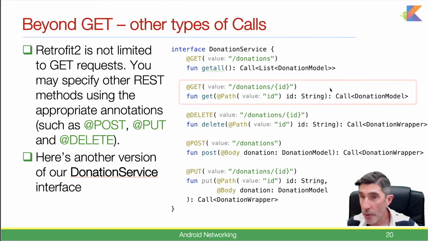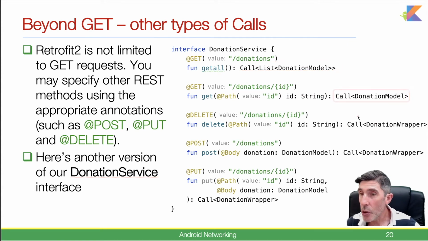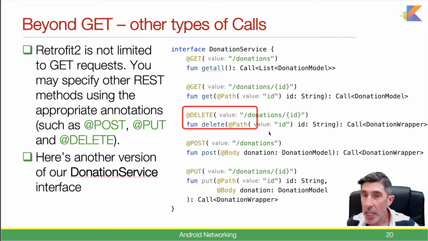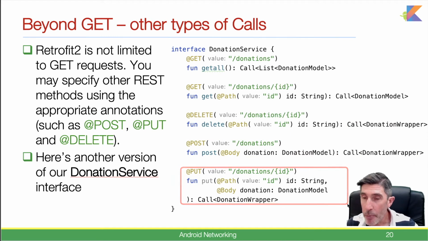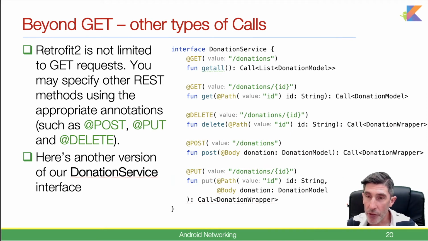So again, note, this is a call of a list of donation, and this is an individual donation. Note here, we're now using a donation wrapper instead of the raw donation model. This is because for the likes of delete, post, and put, we want to get back some kind of message to confirm that yes, our delete, our add, and our edit were successful, or possibly not.